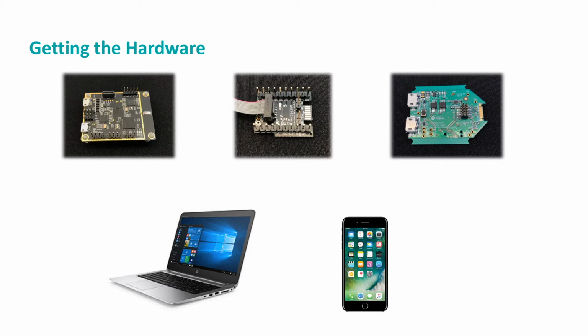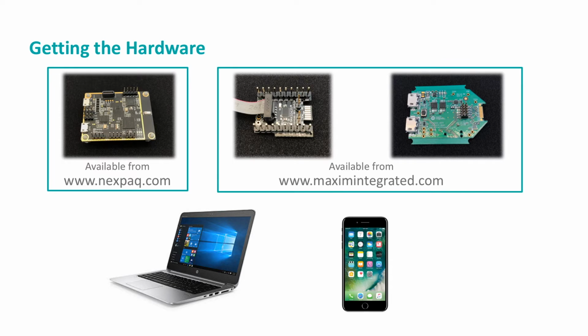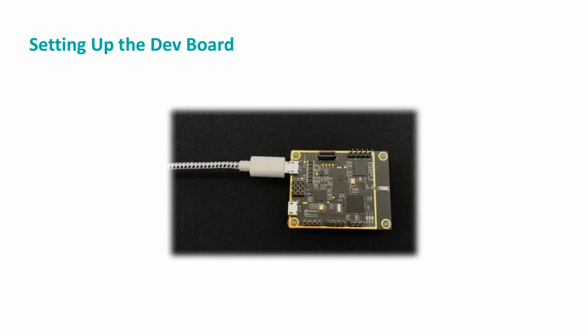But if you're not attending an event, the nexpaq development kit is available directly from nexpaq at www.nexpaq.com. The MAX32625 development module and the Maxim HDK board are both available from Maxim Integrated on their website, www.maximintegrated.com.